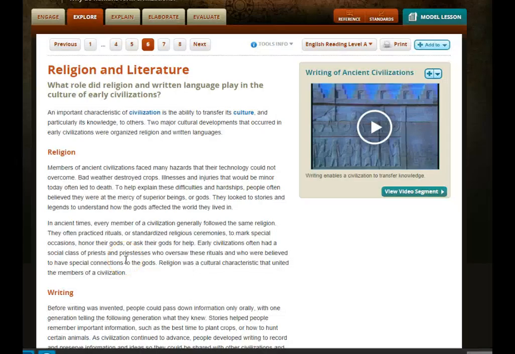And of course, religion and writing were also key influences for the people of early civilizations. Religions were often polytheistic in early civilization, meaning they had multiple gods. Religions also were centered around weather patterns often. If there was a great drought, there was something that the people had not done right or well, and the gods were punishing them.